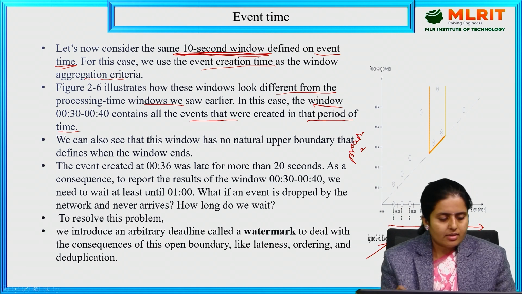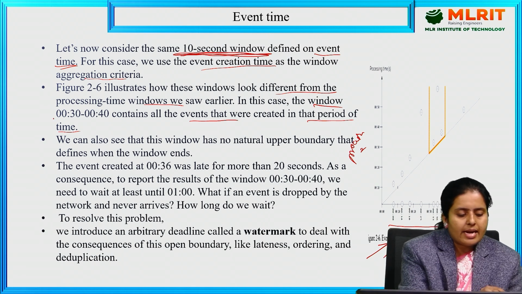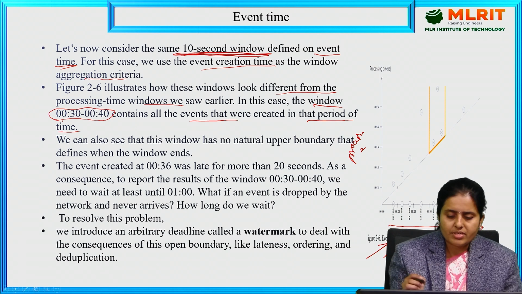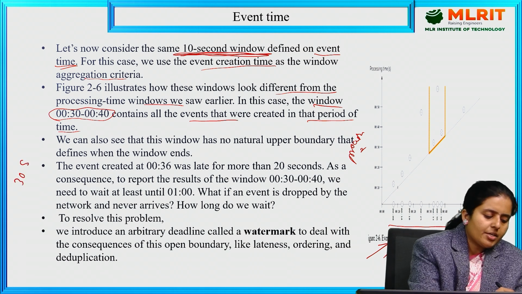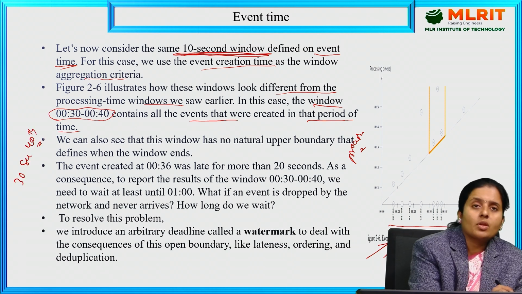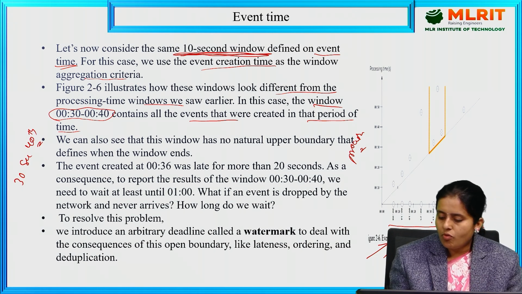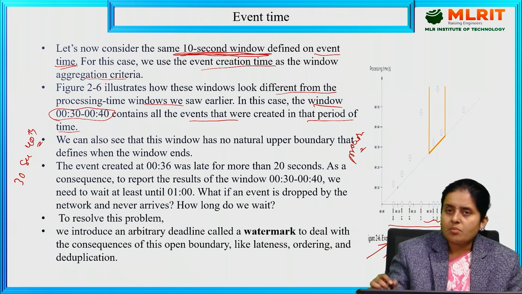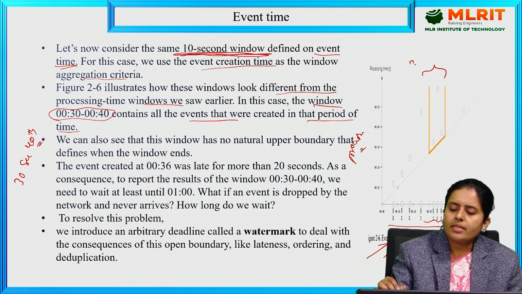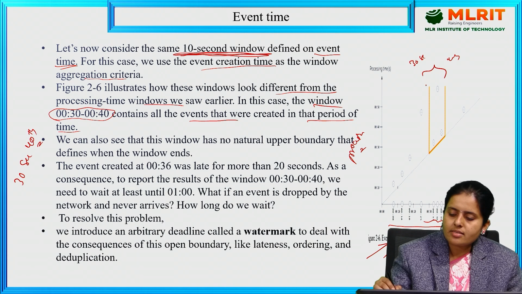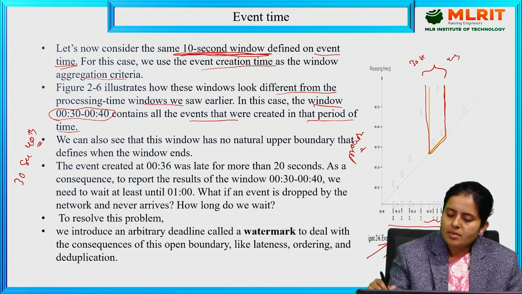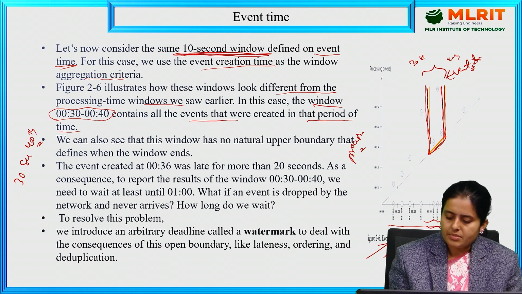The events in the particular window, 30th second to 40th second, I can consider this boundary as event time, with respect to the timestamp.